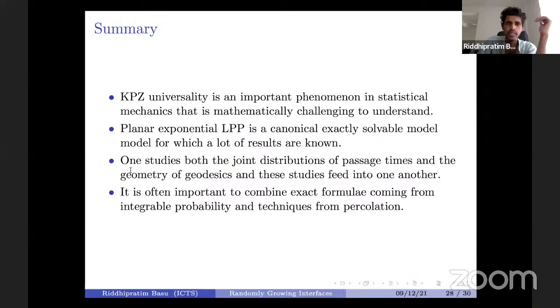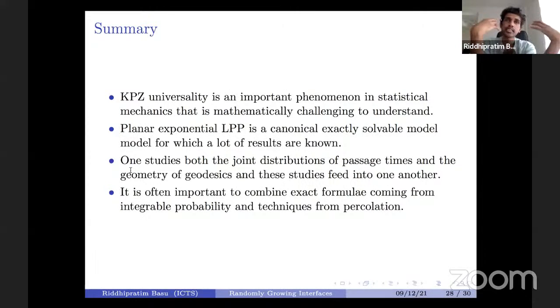So to end, let me summarize by saying that I hope I have convinced you that KPZ universality is an important phenomenon in statistical physics and many other real world problems, but it has been quite mathematically challenging to understand.